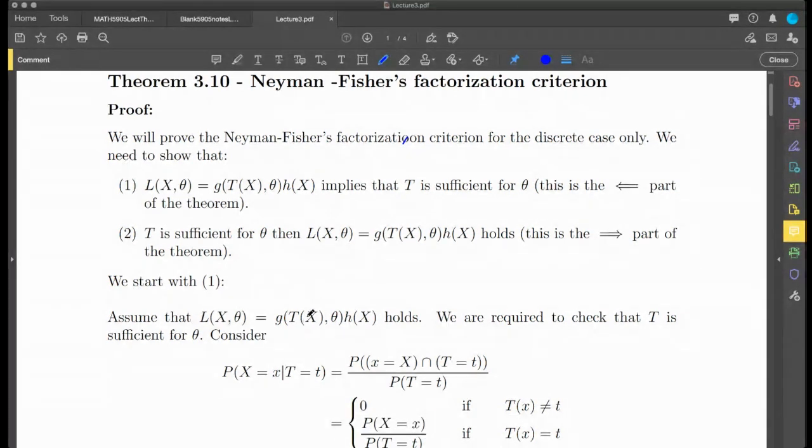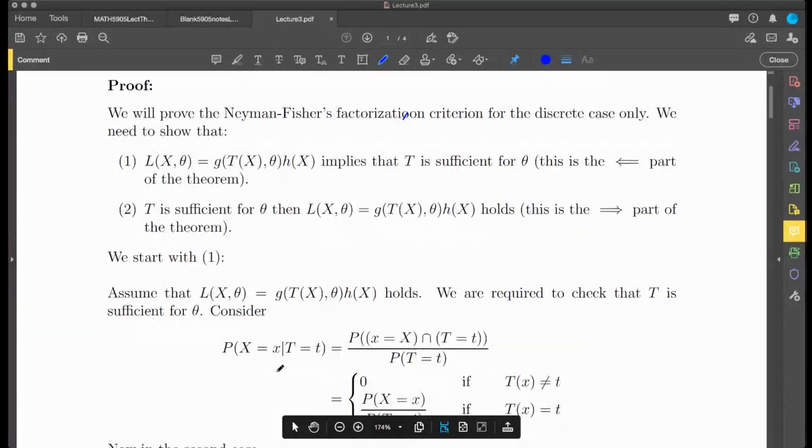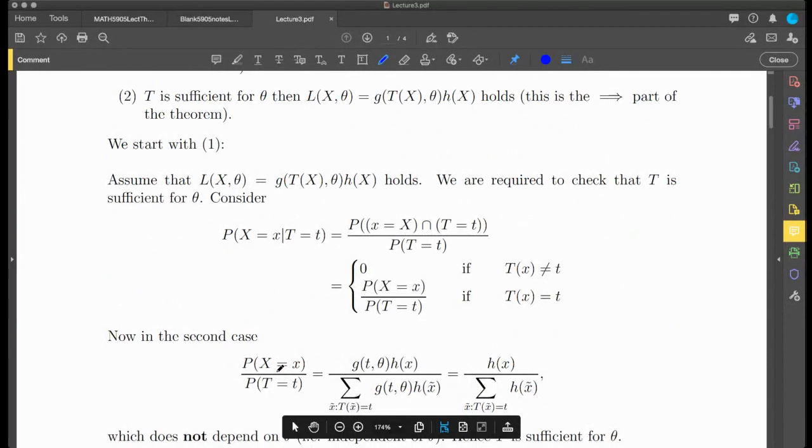I assume I can write my likelihood like this. Now let's show that because my likelihood has this form, this expression doesn't depend on theta. It follows similar steps to the previous exercise. Here we just apply the definition of conditional probability. So it's the probability that X equals x and T equals t, divided by the probability of the condition.